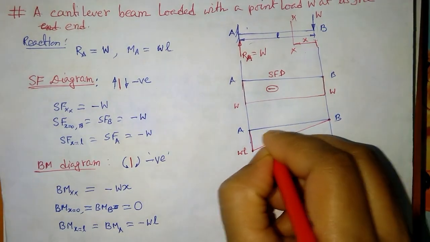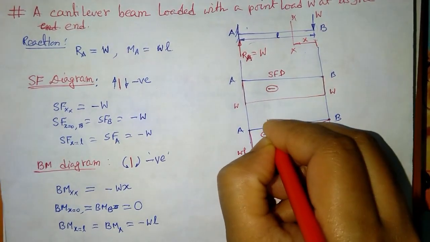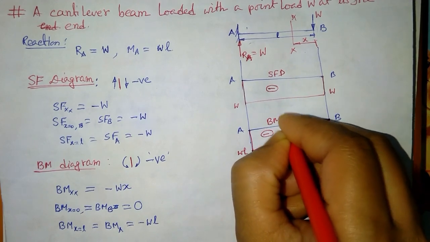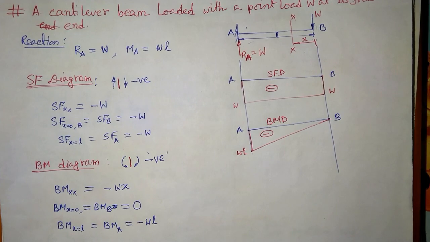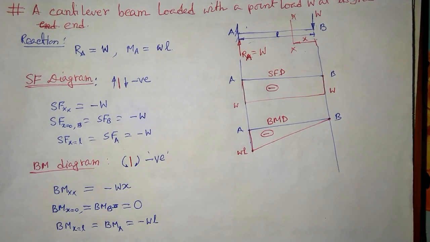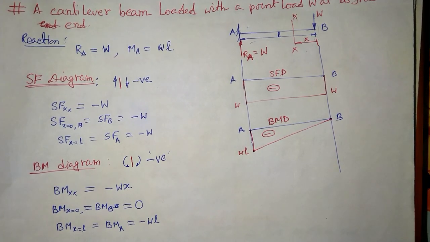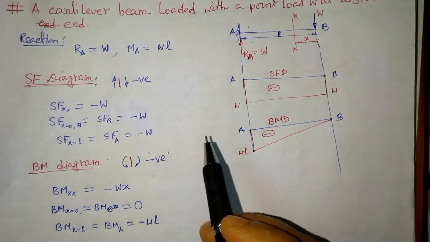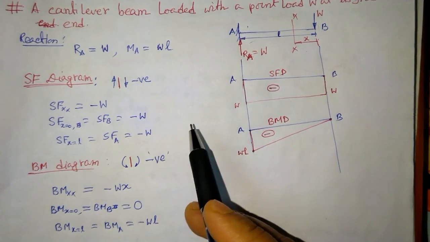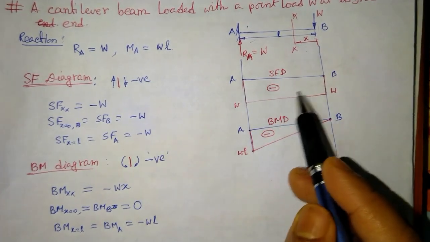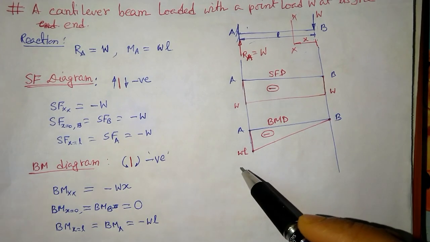Okay, so this is also our negative bending moment, and this is known as the bending moment diagram, or in short form we call it BMD. Okay, so if we have a cantilever beam loaded with a point load or concentrated load at the free end, then we will get a constant shear force and a linearly varying bending moment.